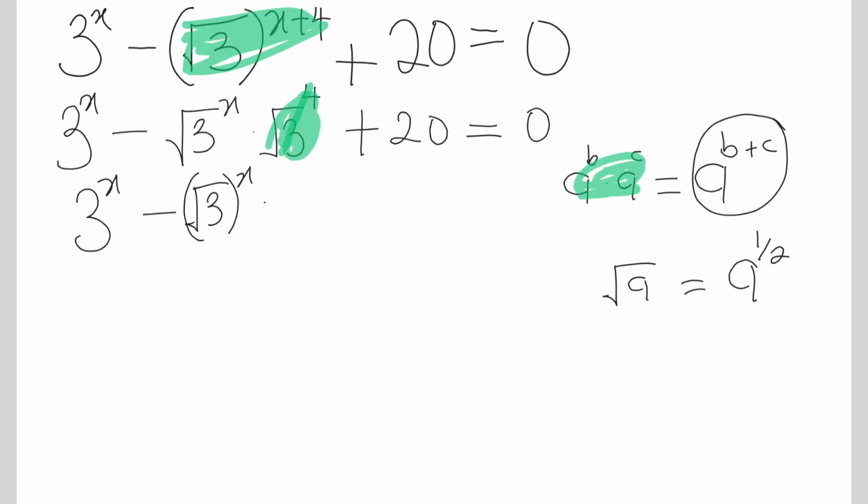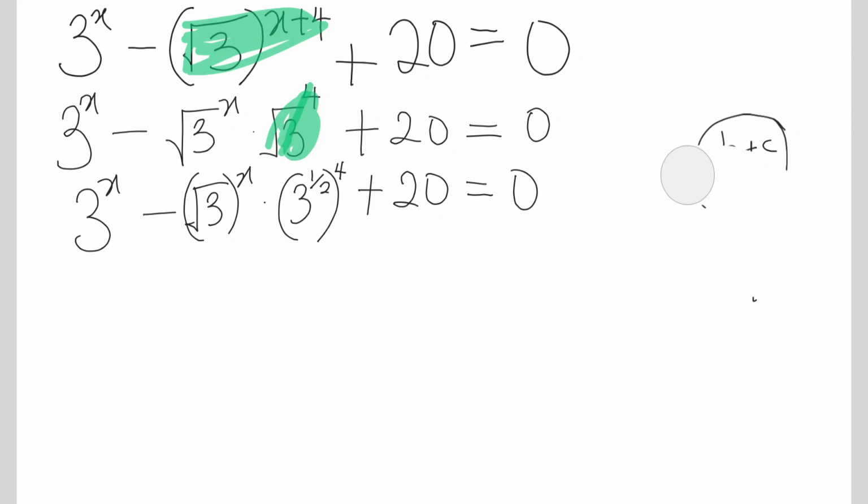Which is going to become 3 raised to the power of 1 over 2, then everything raised to the power of 4 again, because we have the power of 4 already, then plus 20 equal to 0.